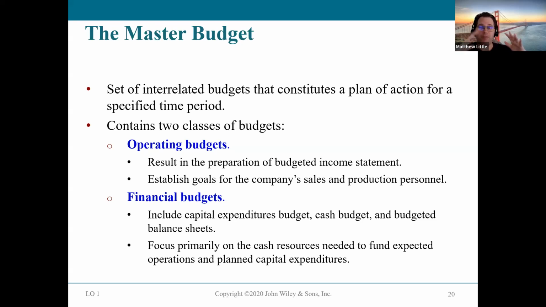So based on timing of AP and when you're paying your vendors, when you're collecting from customers versus when you record those revenue and expenses, that'll help determine your balance sheet. So will you maintain a positive cash balance? Will you maintain positive equity? And typically financial budgets focus on cash resources needed to fund the operating, because there will be timing in operating, plus any capital expenditures.